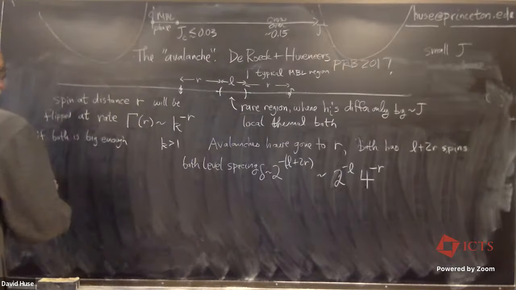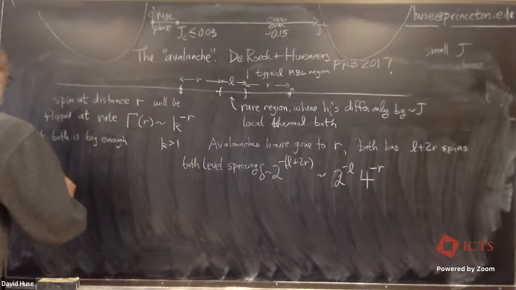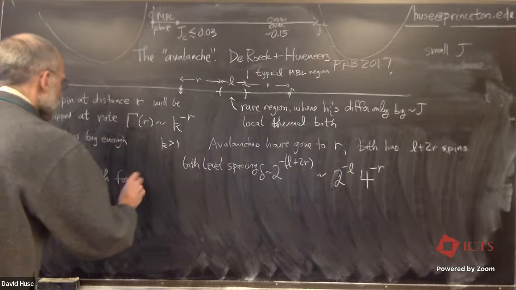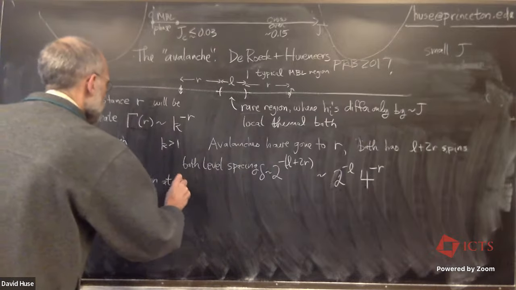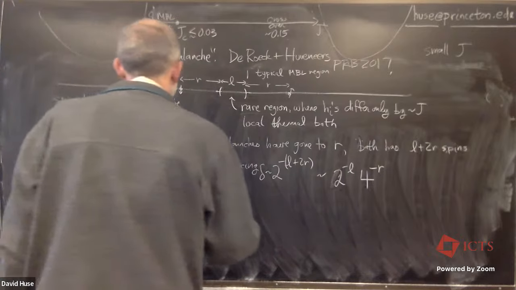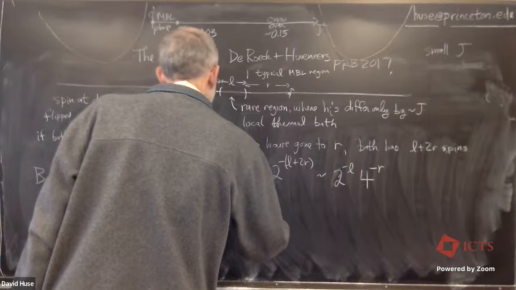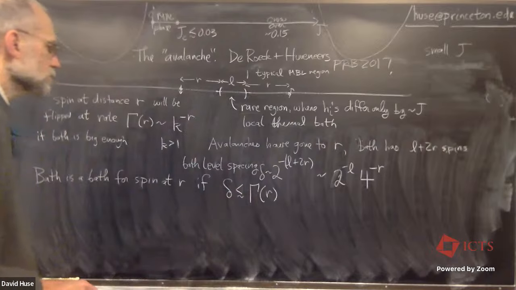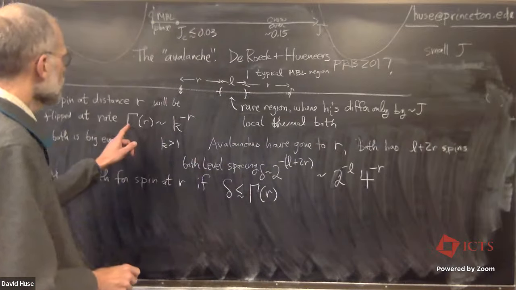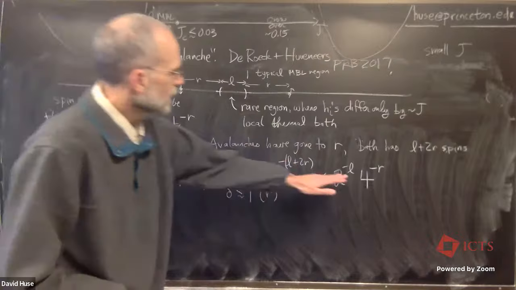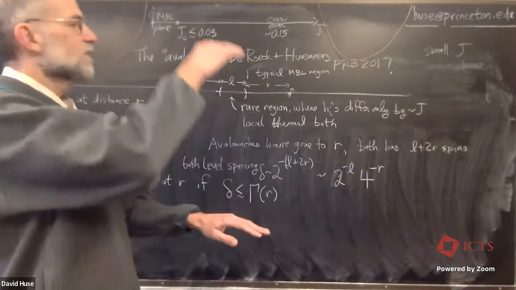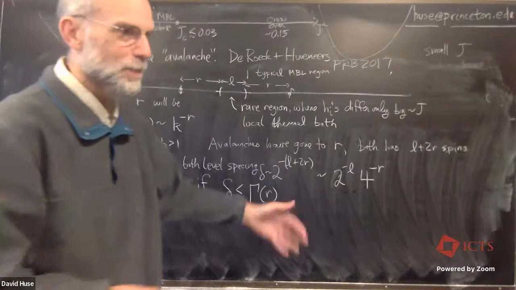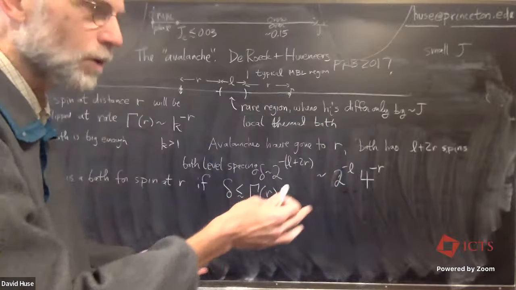And so this is a bath for the spin at R if that requires delta to be less than or of order gamma of R. If the level spacing of the bath is big compared to the relaxation rate of the spin, then the spin doesn't see it as a bath, it just sees it as a discrete set of levels and it won't relax.